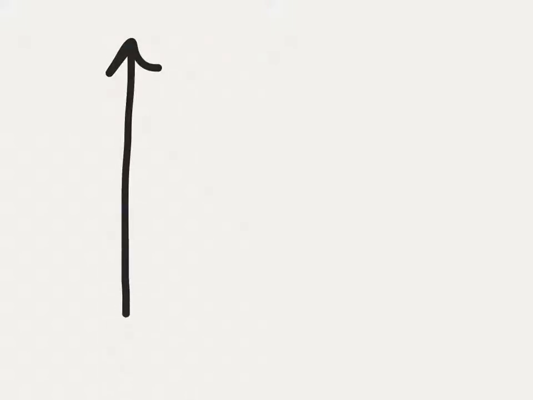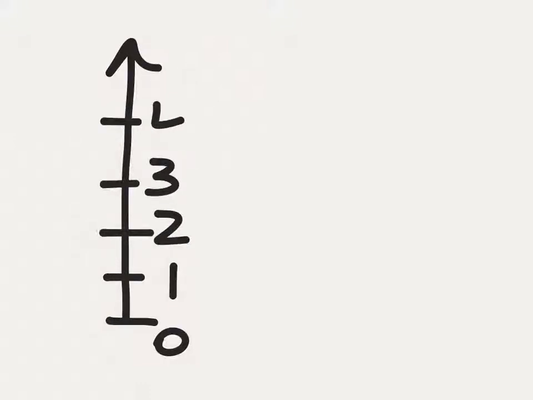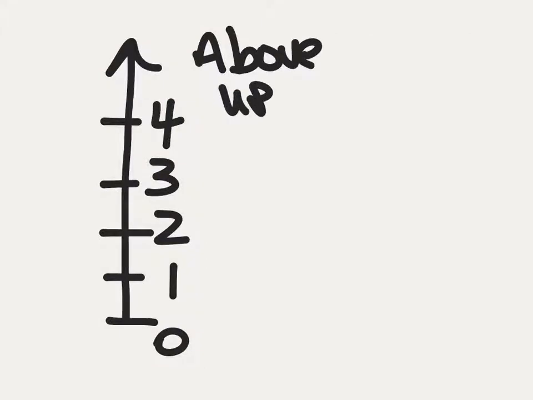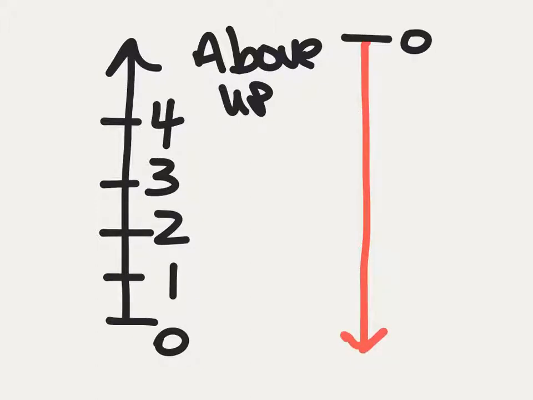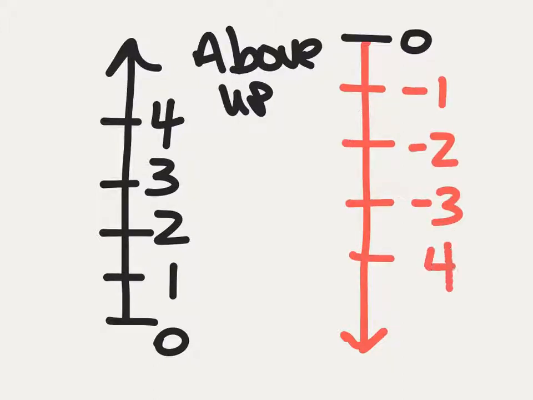On a vertical number line, all of the positive integers are above 0, or going up, while on a vertical number line, the negative integers are all below 0, or going down.